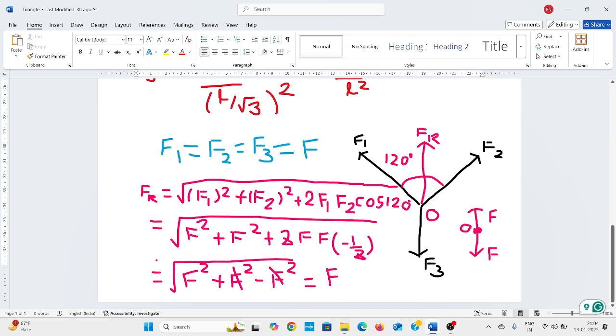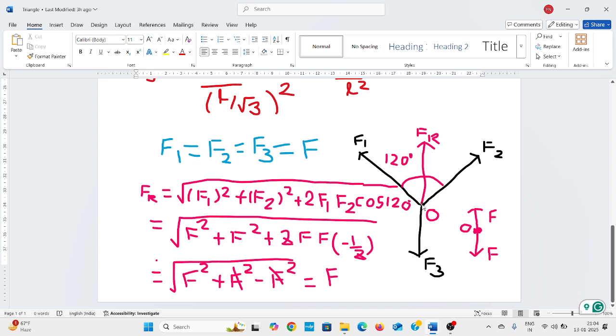Then we will calculate the resultant force between F1 and F2, and the angle between them will be 120 degrees. We will use the parallelogram law for the addition of the two forces as force is a vector quantity.